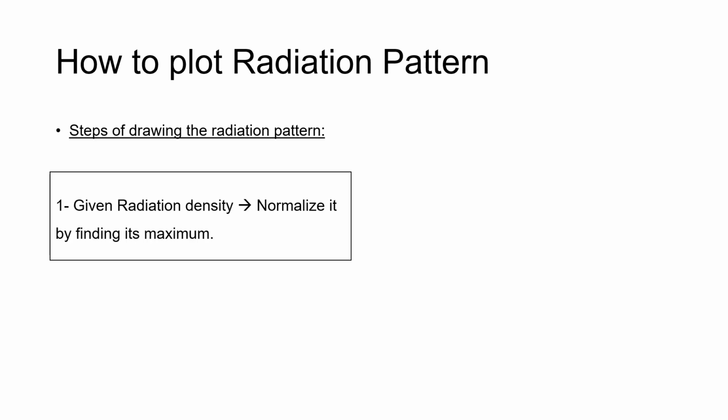Starting from the given, we will be given either the radiation density, intensity, or the electric field, for example. The first step is to normalize this one: just find its maximum and normalize.